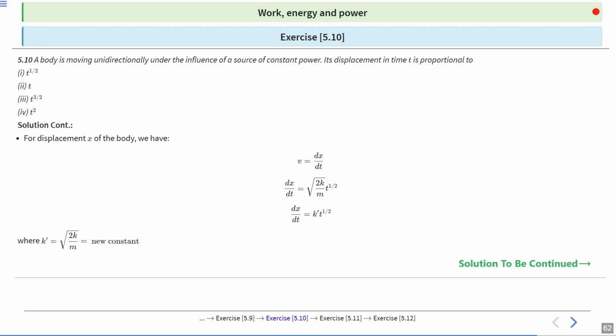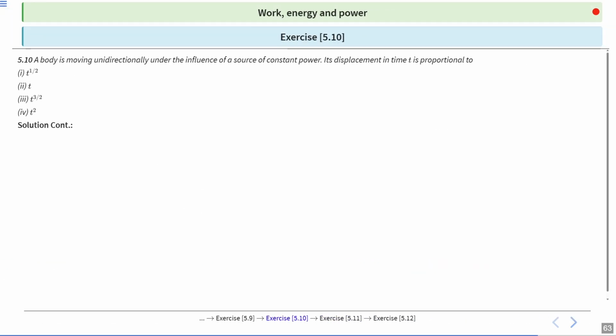Solving further, dx is equal to k prime t raised to the power 1 by 2 into dt. Integrating both sides, integration 0 to x of dx is equal to integration 0 to t of k prime t raised to the power 1 by 2 dt. Since k prime is a constant, it comes outside. The remaining term is integration 0 to t of t raised to the power 1 by 2 dt.